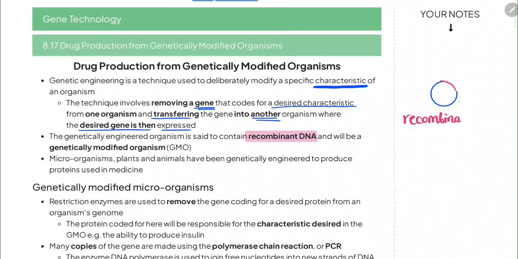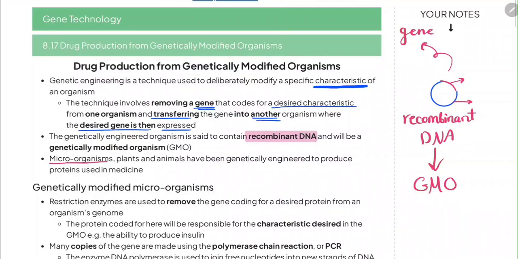It's not only the blue part from an organism, it also contains part from another organism that is going to enable this thing to express a gene that we want. Okay, that's the recombinant DNA. And it's going to help in producing the genetically modified organism.